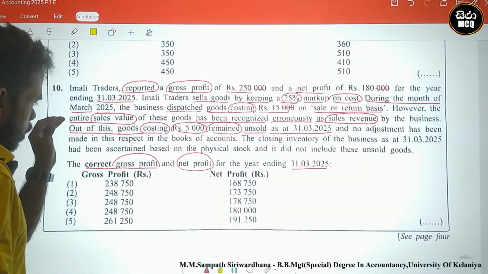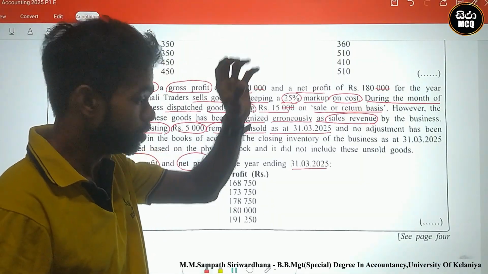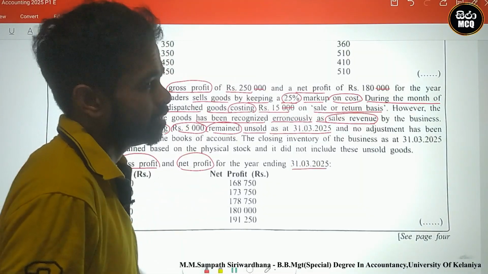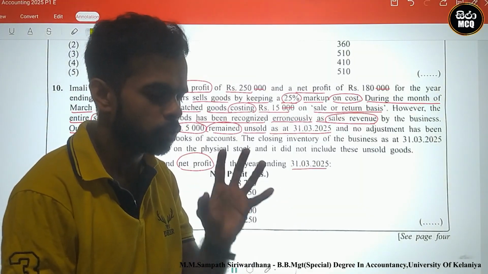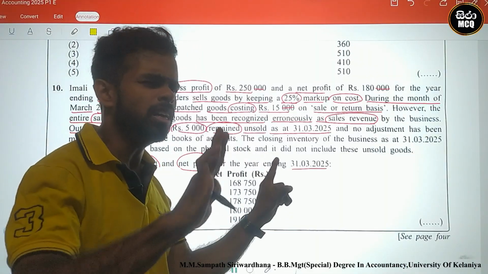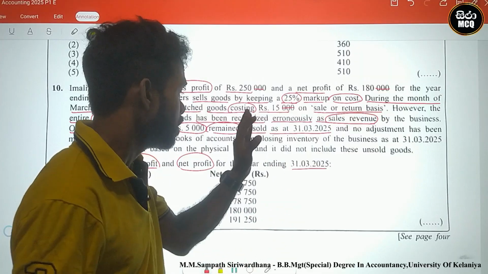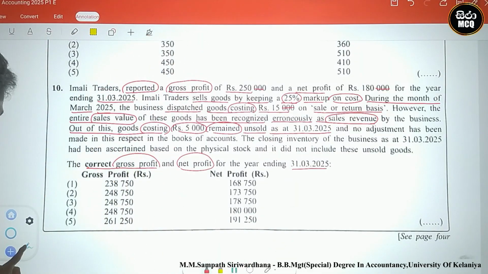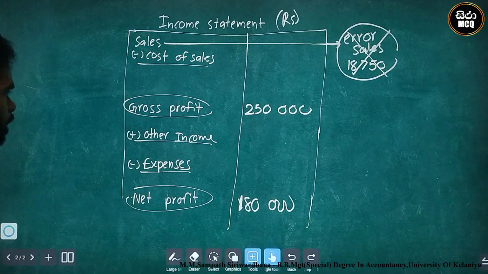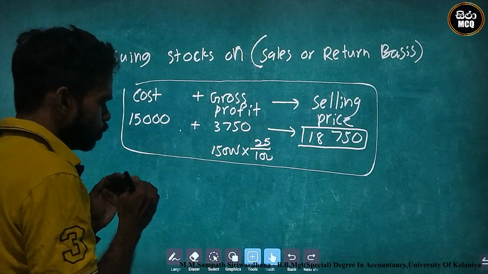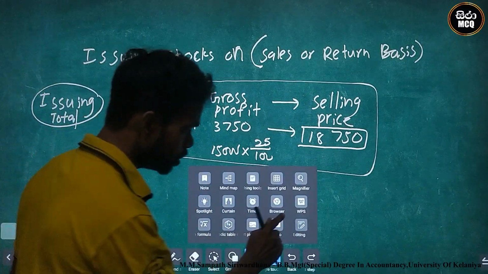Out of this total stock, goods costing 5,000 remained. The 5,000 cost of goods remain unsold as at 31st March 2025. This is the requirement.